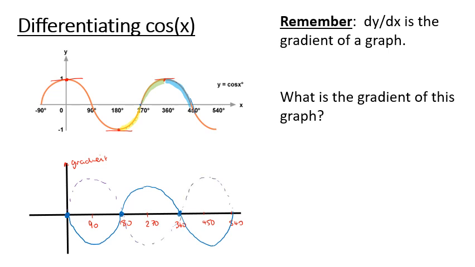So it's a reflection of the sine curve, and when you reflect a graph in that way, it's the negative of the function. So that graph that I've plotted very roughly is the negative sine x graph. So when you differentiate cos, you get minus sine.